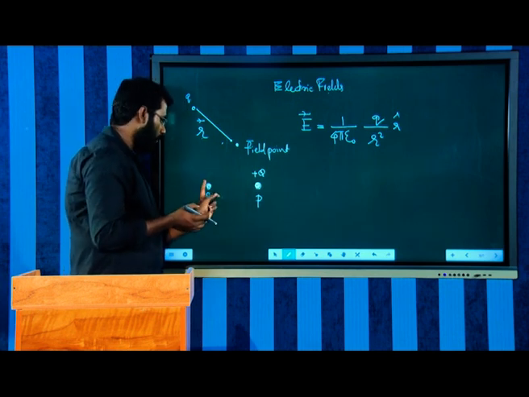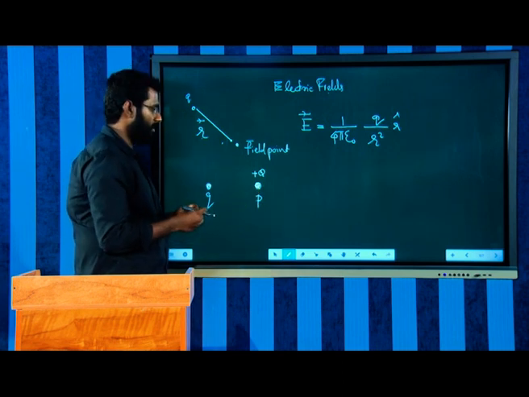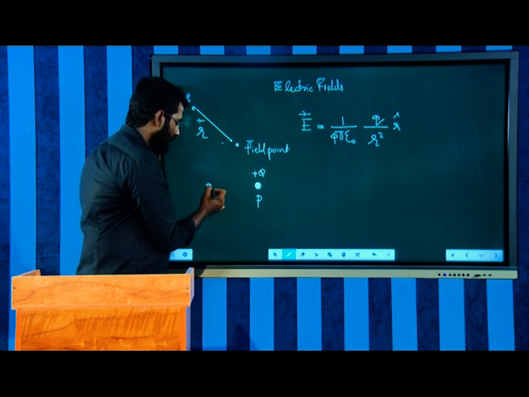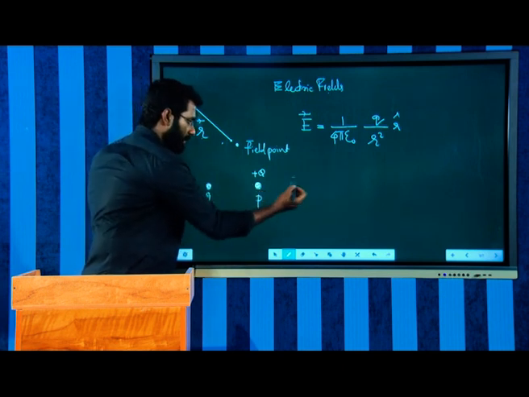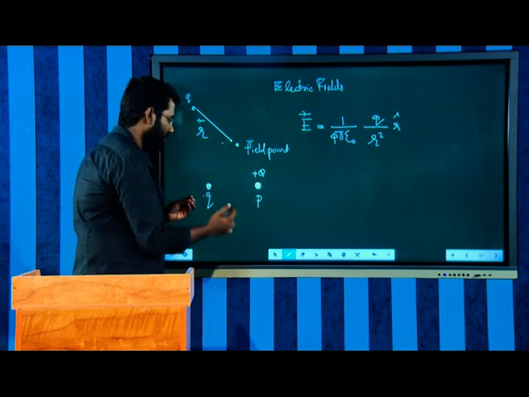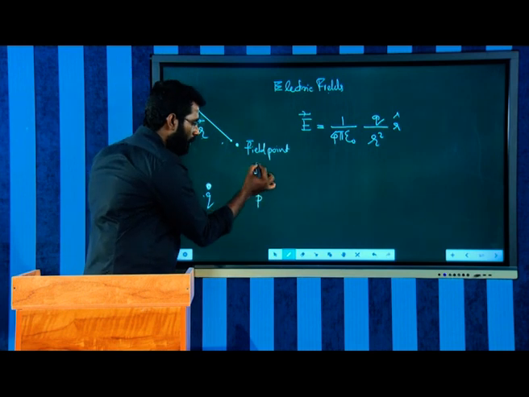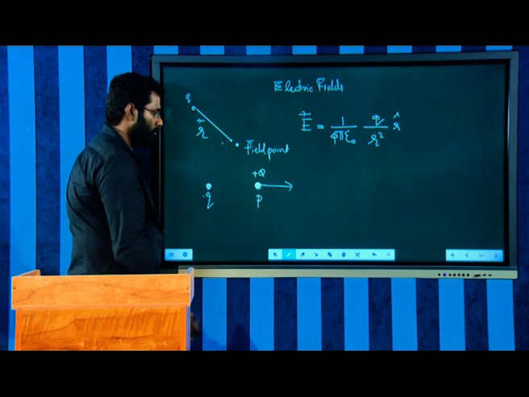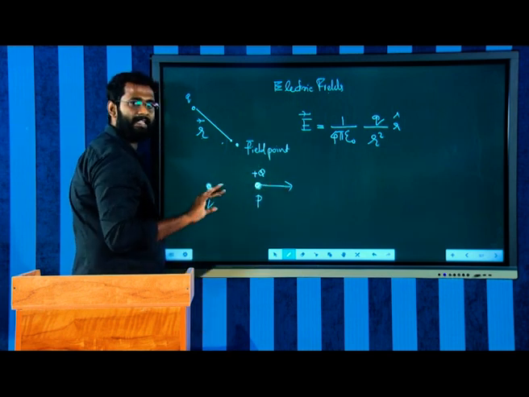What would this Q do to this test charge? You know that both are positive, so the source will push away, that means they repel each other, so the force acting on this plus q will be along this direction. So this direction will be the direction of electric field also.